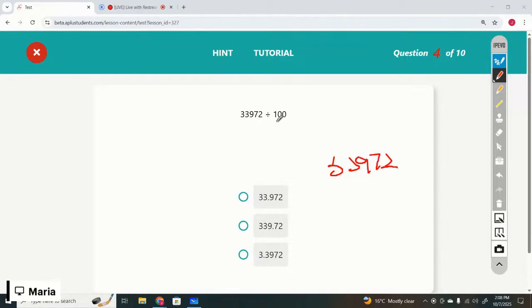33,972 divided by 100. 100 has two zeros. So you need to move the decimal point two places left. That is 339.72.